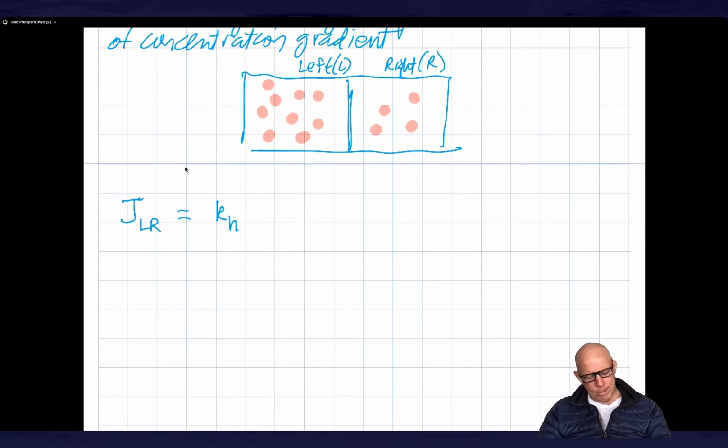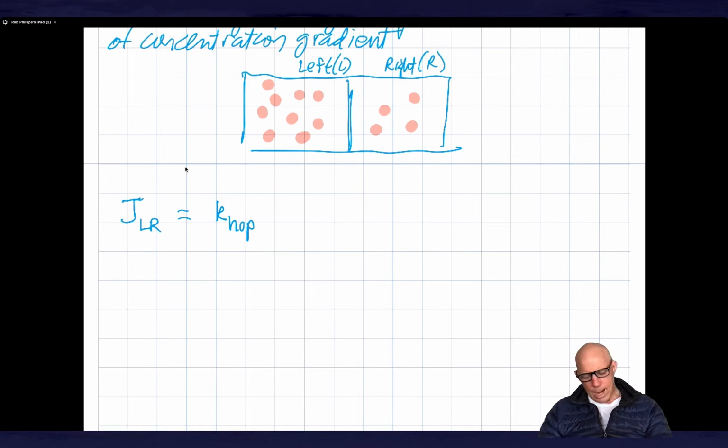k hop. So this really takes us back to our earlier thinking about diffusion. You'll recall that when we did the chemical master equation treatment of diffusion, we imagined that each molecule had a probability k hop delta t of jumping during a given time step.